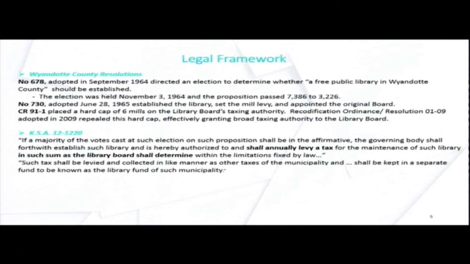So such tax shall be levied and collected in a like manner as other taxes of the municipality and shall be kept in a separate fund known as the library fund of such municipality. So that's the law we're working under.